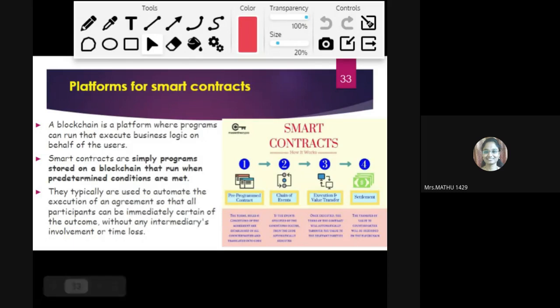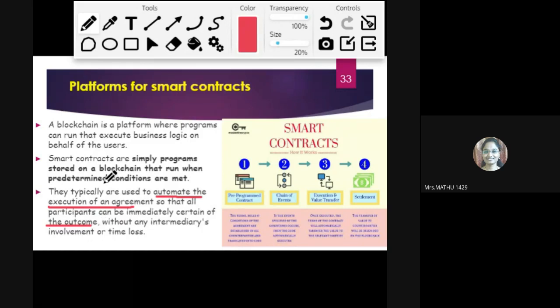Smart contracts are simply programs stored on a blockchain that run when predetermined conditions are met. They typically are used to automate the execution of an agreement, so that all participants can be immediately certain of the outcome.